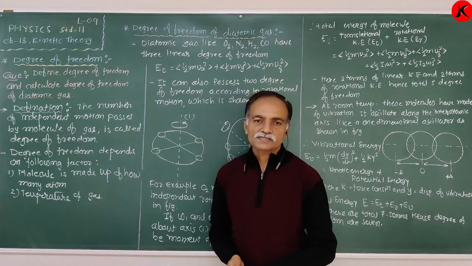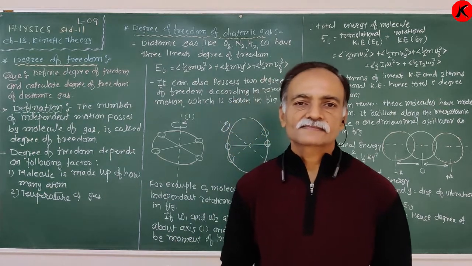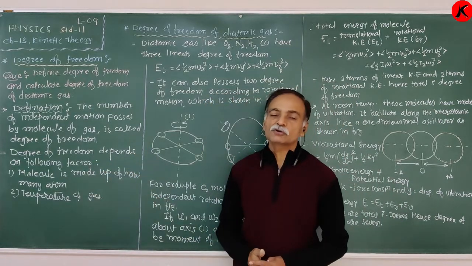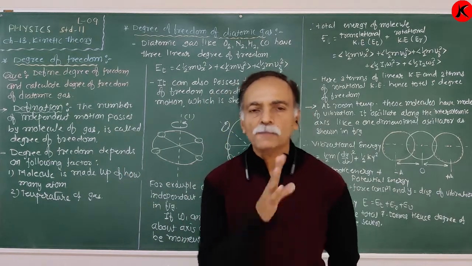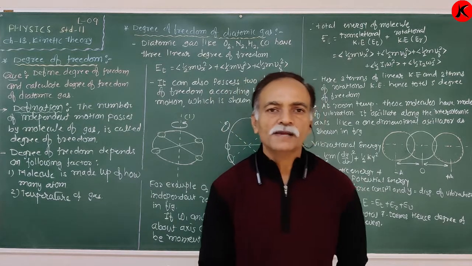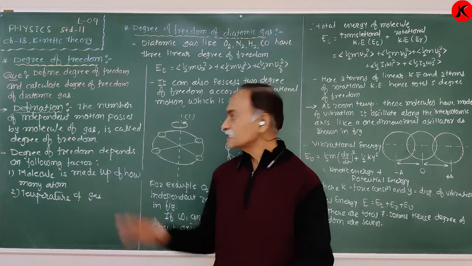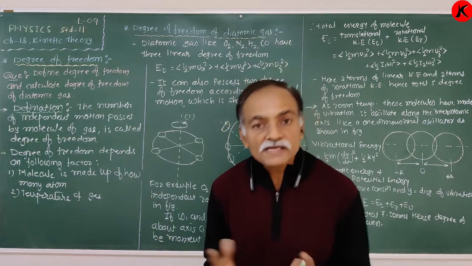And second, it depends on the temperature of a gas. Again, keep in mind that the degree of freedom depends on 2 factors: one is how many atoms the molecule is made up of, and second, the temperature of a gas. Clear this thing?